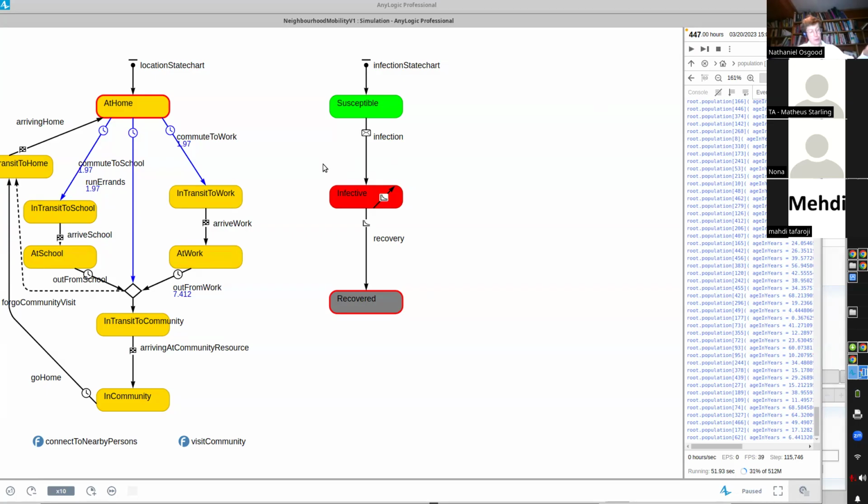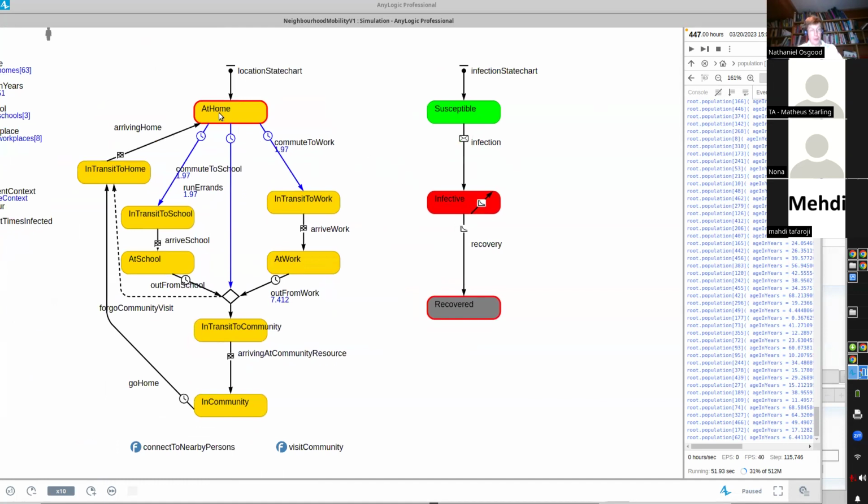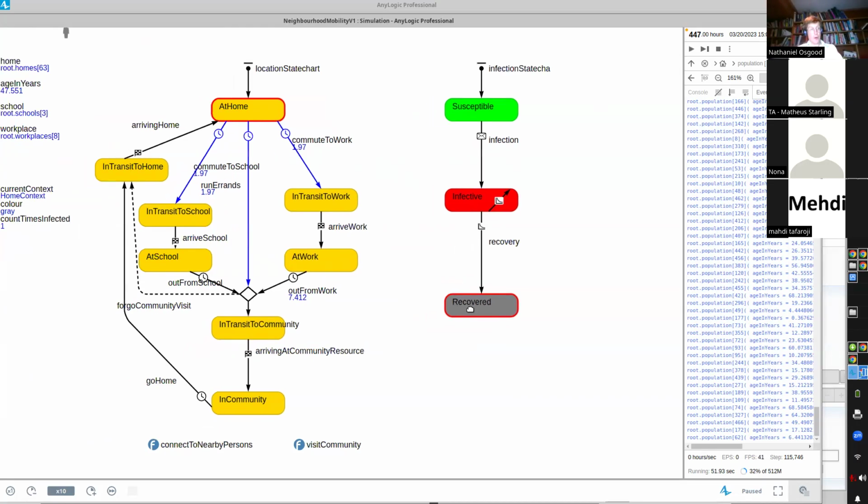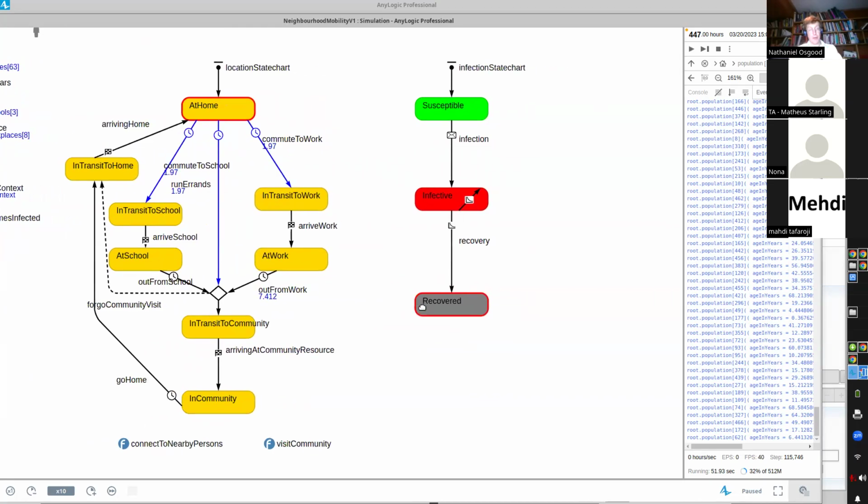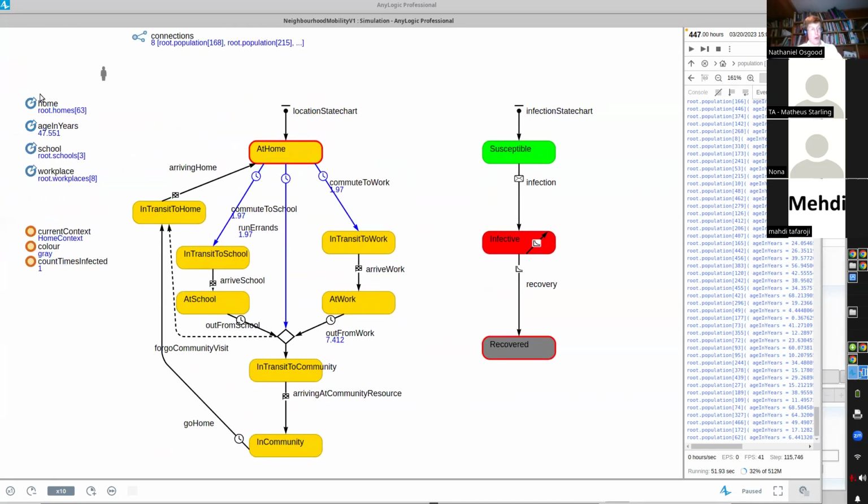They're not necessarily the person who starts infected. But they're in a certain state at a given time. So this person is at home and they're in a recovered state. They've been infected in the past. We could actually record information about when they were infected, etc. But they have a certain home. Their home is home 63.